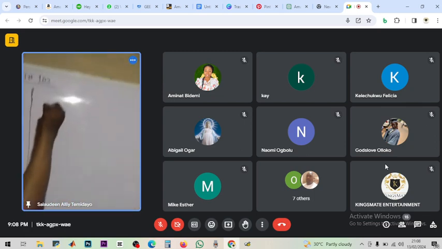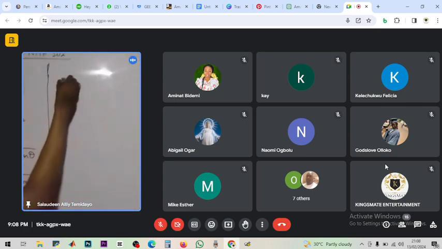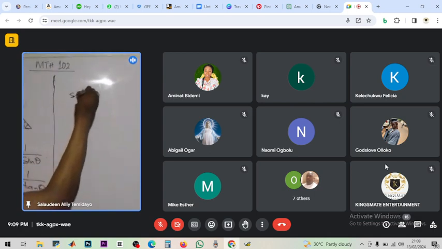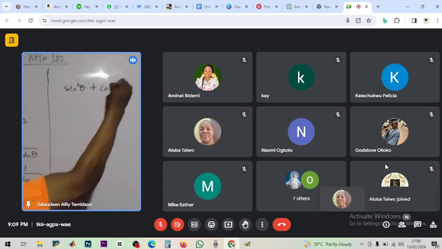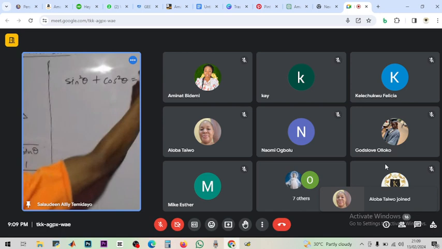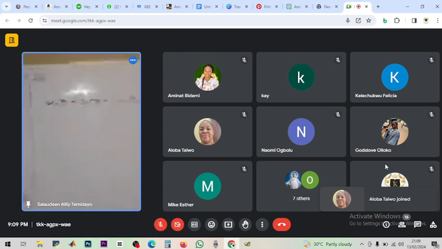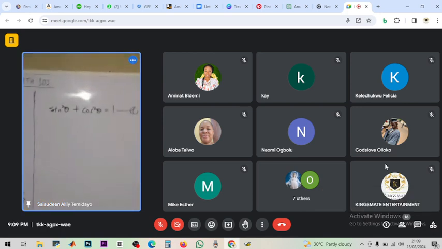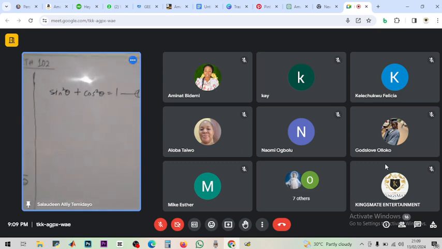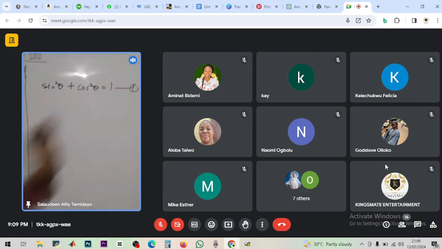So the first identity is that sine square theta plus cos square theta equals 1. This is the first trigonometry identity. That means sine square theta equals 1 minus cos square theta.